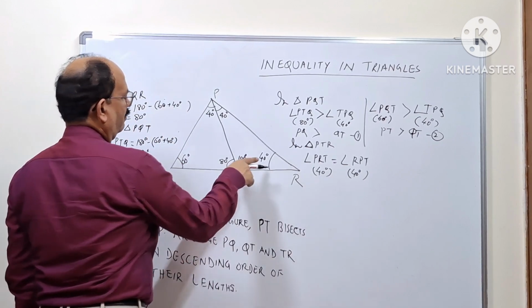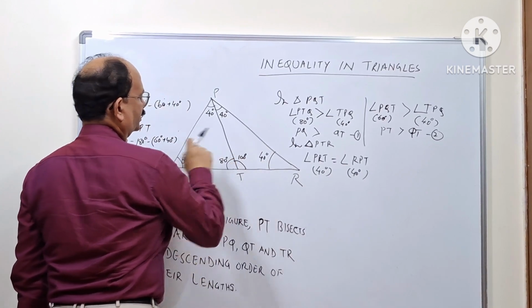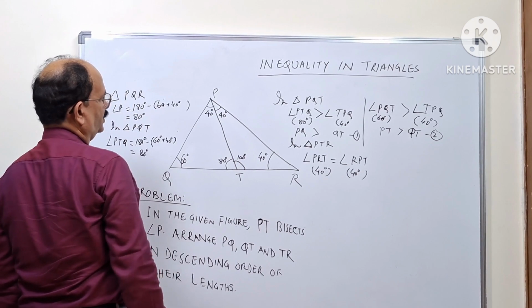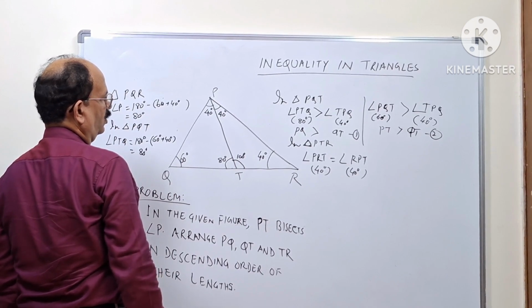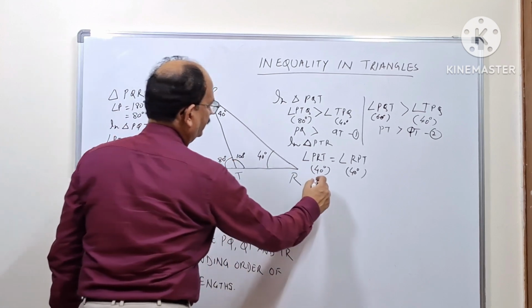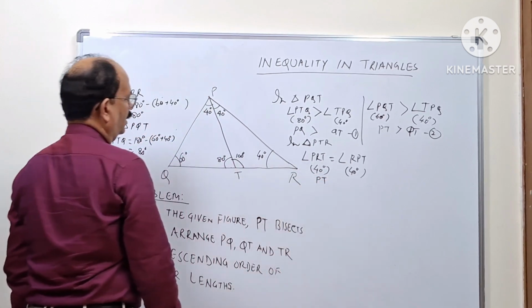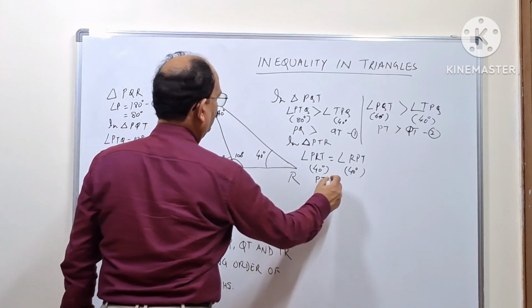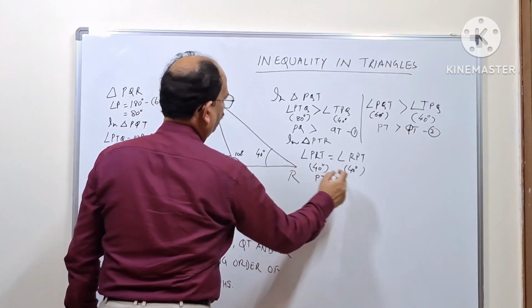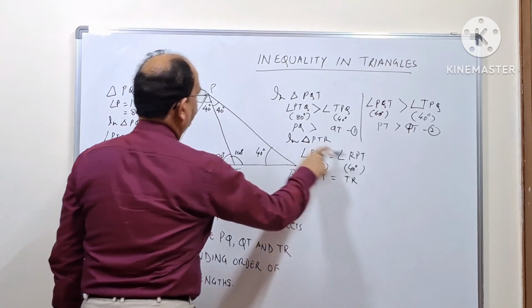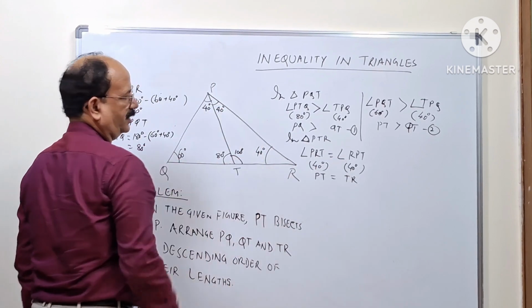So from that, the side opposite to this, which is PT, is equal to TR, the side opposite to RPT, right? Let us call this 3.